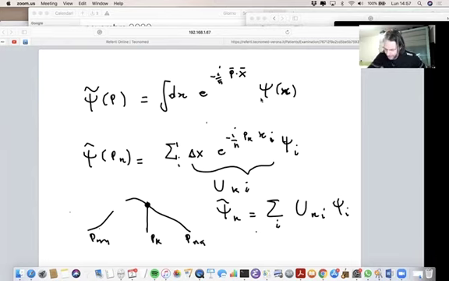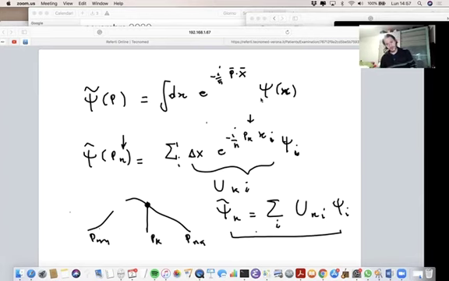Because this object I'm summing over has two indices, i, which refers to the position I'm picking up, and k, which refers to the momentum that I want to calculate. And I'm summing many of these, one for each i, with a particular combination. That's nothing but a row-column multiplication, which is the heart of matrix multiplication.